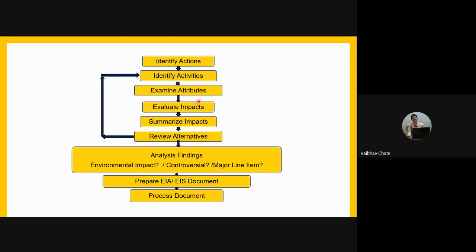So why do we need to examine the attributes? See, before the clearance is given to the person, we should check what kind of air quality is present right now at this particular place. What quality of air is present in this area before giving the approval to the industrialist.